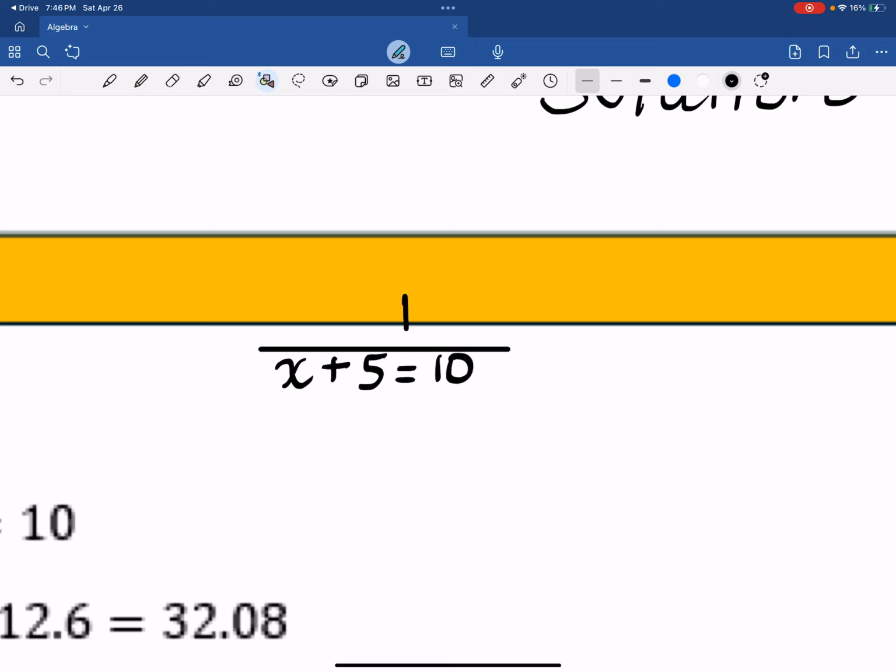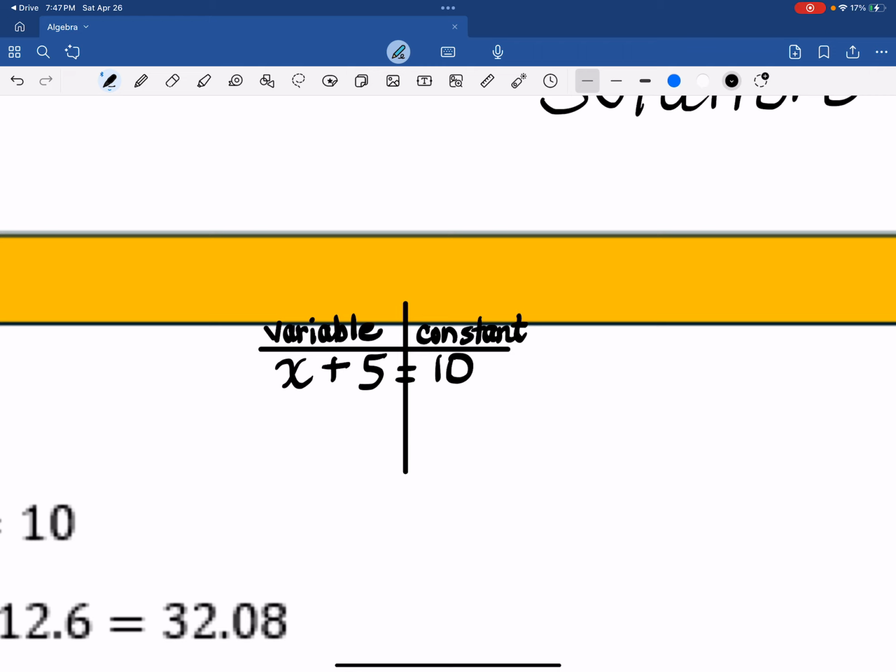Separate this equation out like so. And ask yourself which side has the variable. And clearly it's this side. It's the x. So I'm going to let this be the variable side and this be the constant side. It doesn't matter. It works the same way if constant comes first.